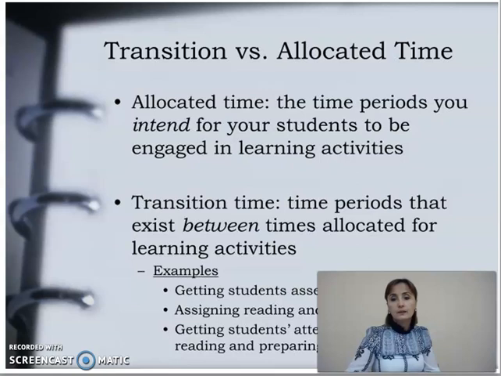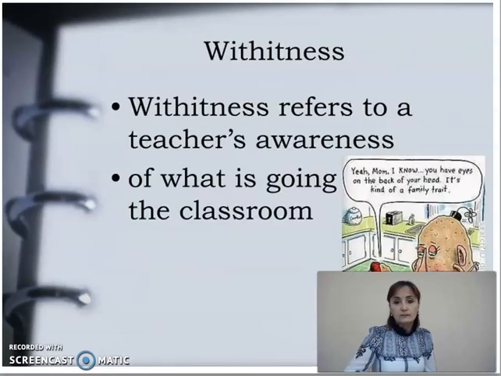Transition, allocated time. Allocated time, what does it mean? It's the time periods you intend for your students to be engaged in learning activities. Transition time is the time periods that exist between times allocated for learning activities. Examples: getting students assembled and attentive, assigning reading and directing to begin, getting students' attention away from reading and preparing for class discussion.